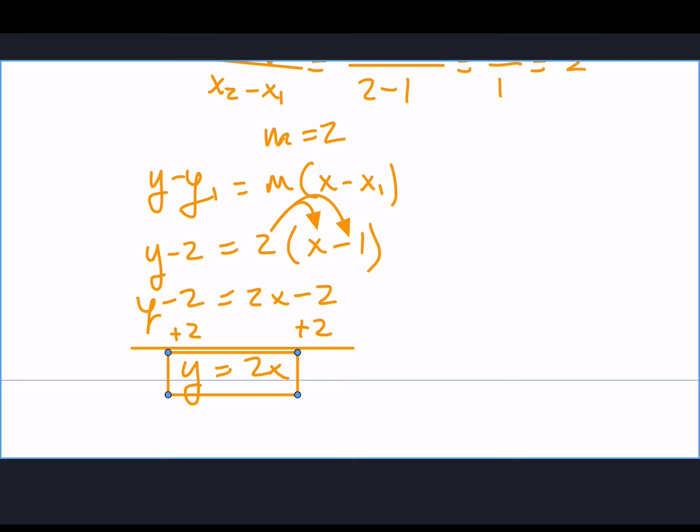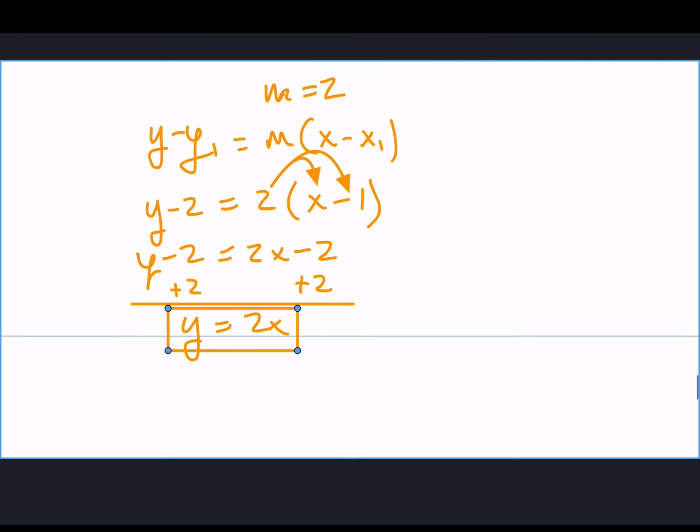Okay, we have one more format to look at when it comes to the equation of a line. So we'll do a definition of that. That is the standard form.